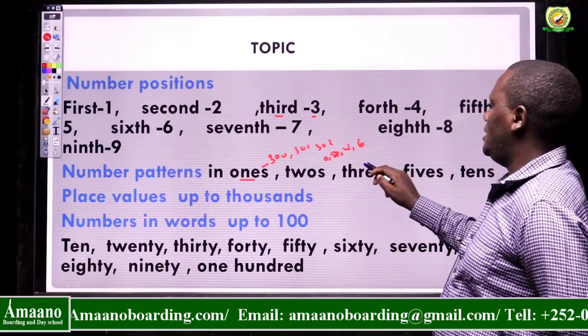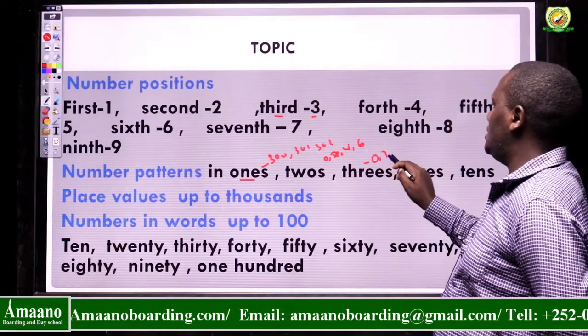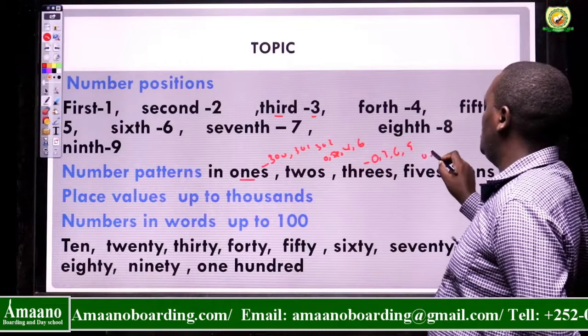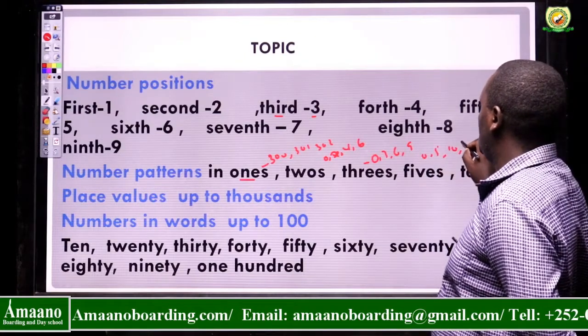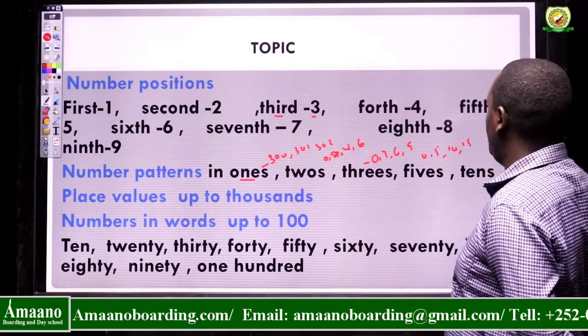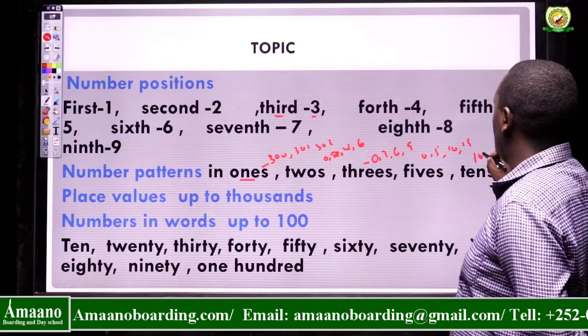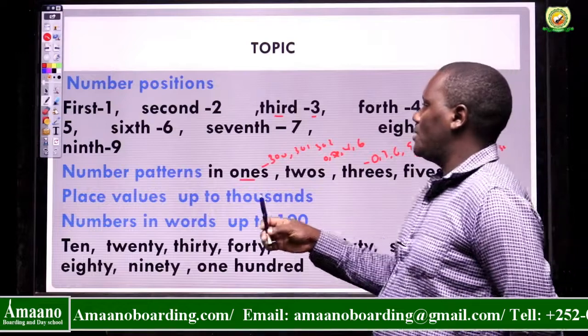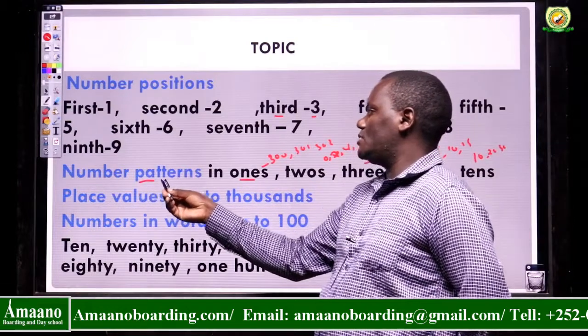In threes, 0, 3, 6, 9. In fives, it's like 0, 5, 10, 15. You only add 5, 5. In tens, it's like 10, 20, 30. Those are in tens. So revise on the number patterns, all of them.